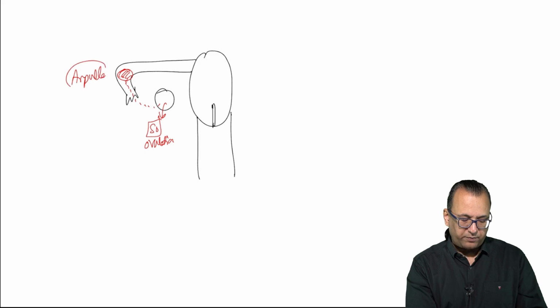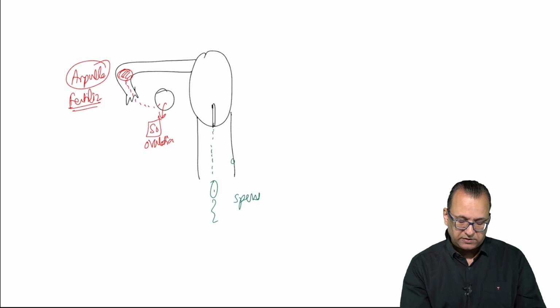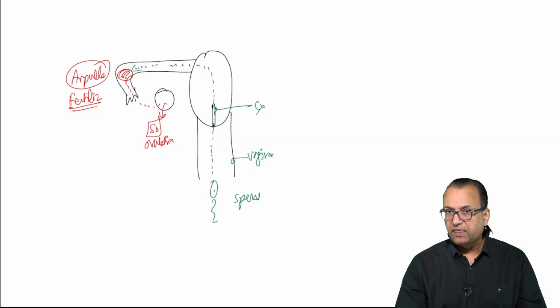In the ampulla of the fallopian tube fertilization happens. The sperms have to move through the vagina, then through the cervix, and from the cervix into the uterine tube, and then they will fertilize the secondary oocyte in the ampulla.